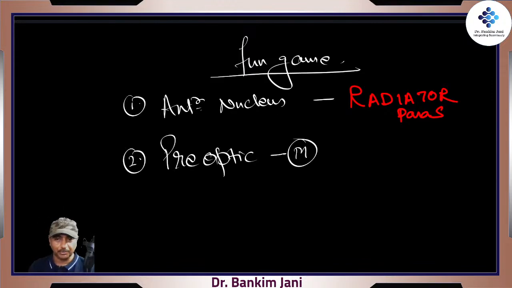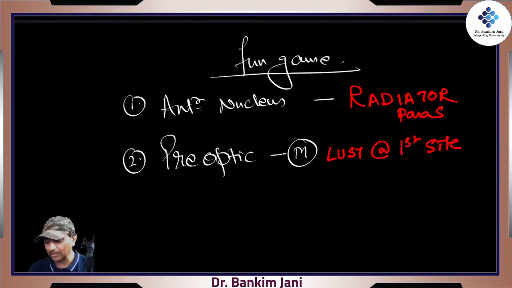Medial preoptic means something even before the eyes. It was lust at first sight. So what was it doing? It was releasing gonadotropin-releasing hormone, which leads to development of the gonads, correct?